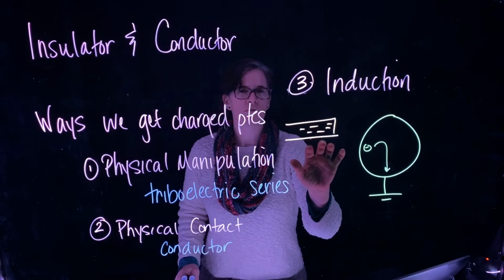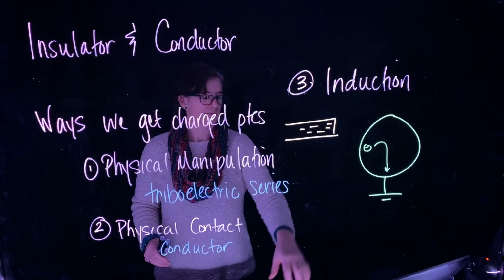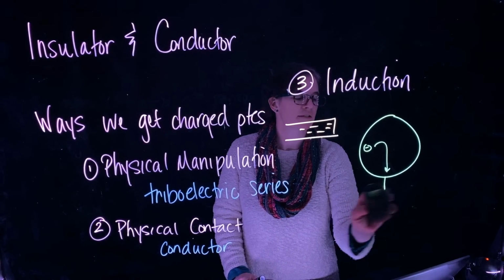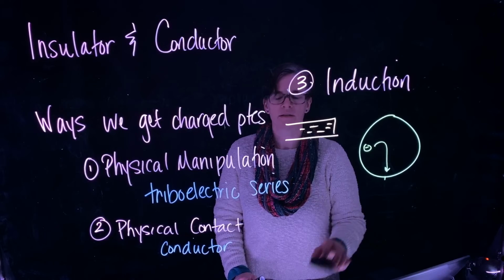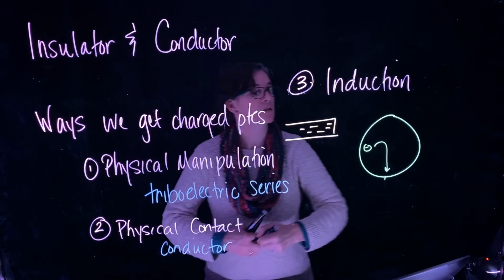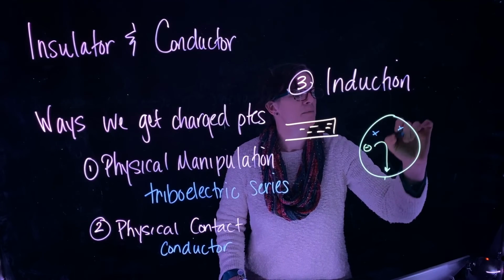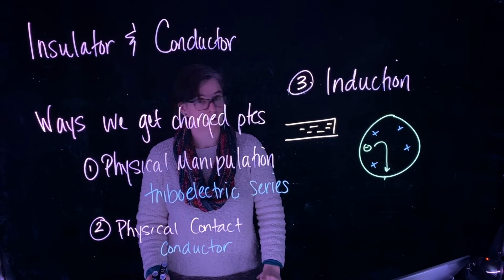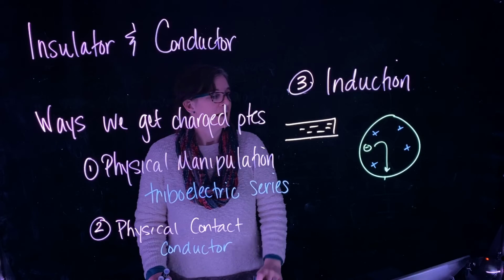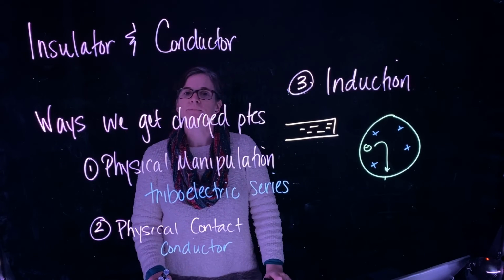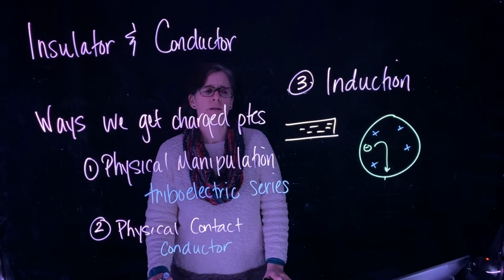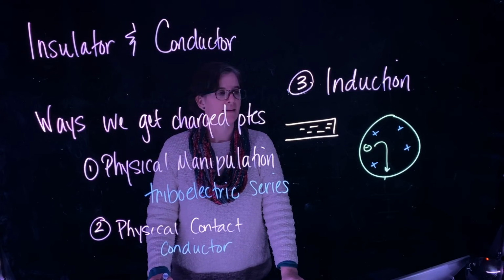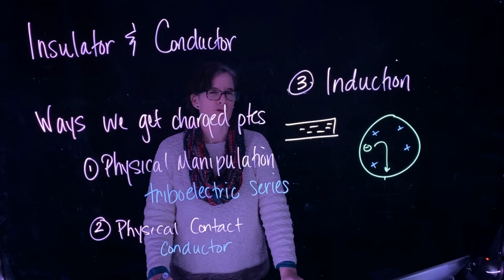Before I move the rod away, not touched it, I take this sphere that the electrons left, and if the electrons left, what's got to be left over? An excess of positives, because there's a reduction of negatives, and I remove it from the ground. Well, now electrons can't leave anymore, and there's less to leave because some of them already left, and I'm left with a positive charged sphere.